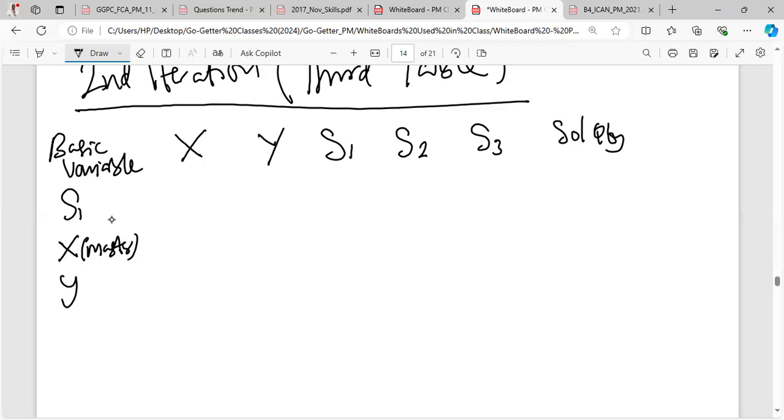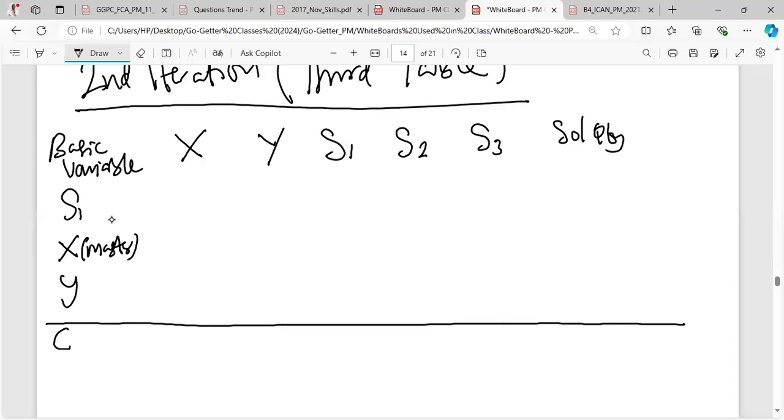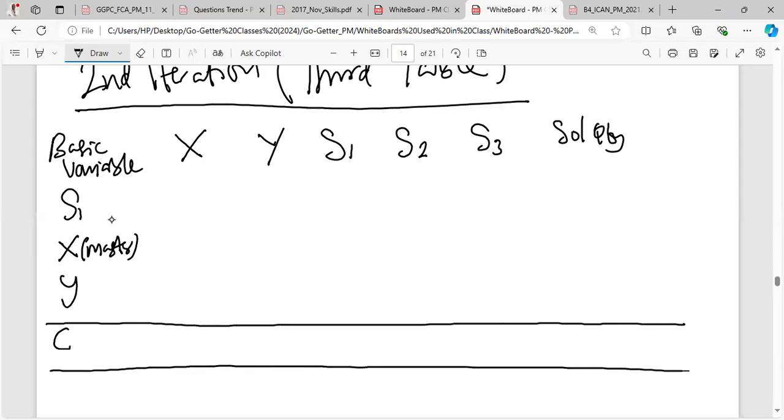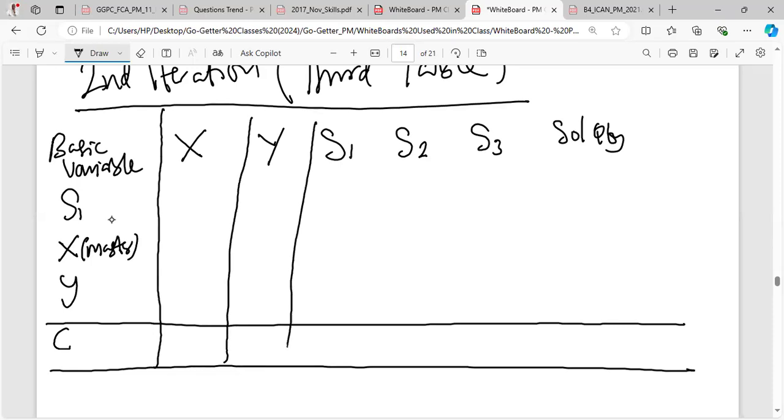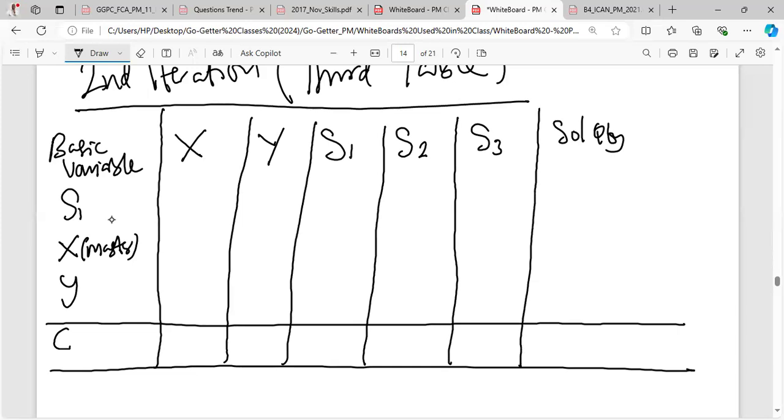Then Y has lost this mastership, then this is C. Forgive me, my lines are not straight, my hands are wobbling, but at least we understand what we are doing.